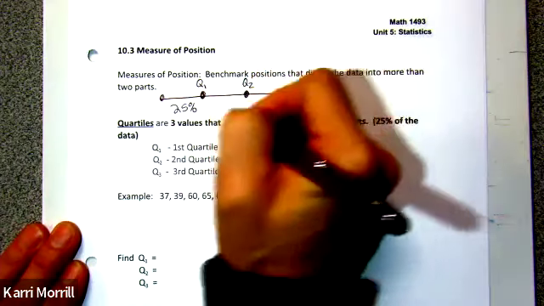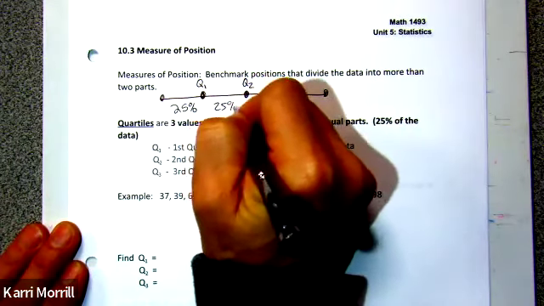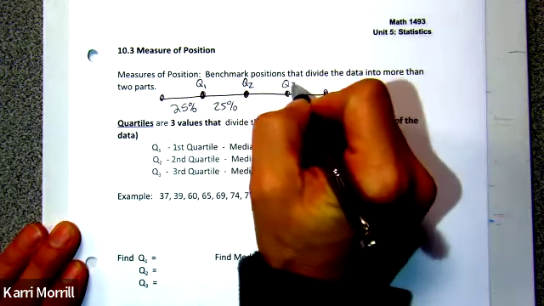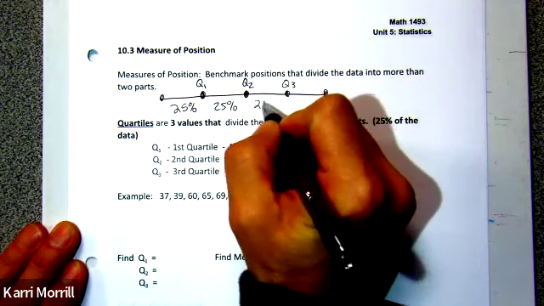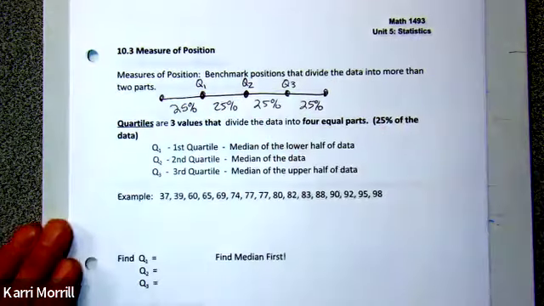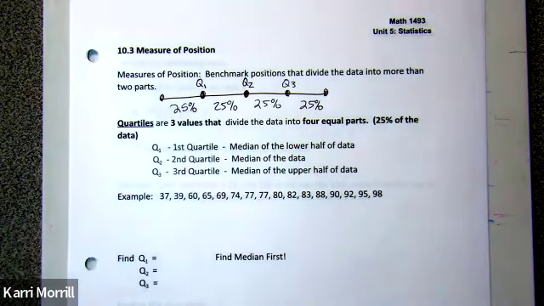This is quartile 2. It also represents 25% of the data. This is quartile 3. So those are four sections that are being divided, right? So that's why it says we have those three values that divide it into four equal parts.